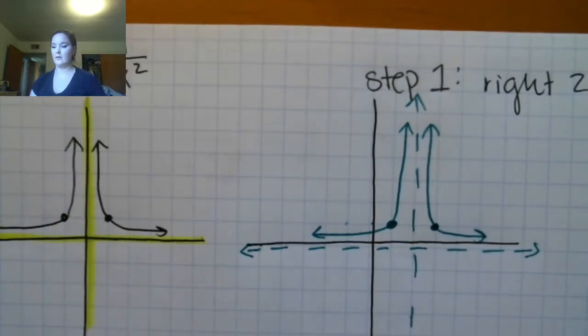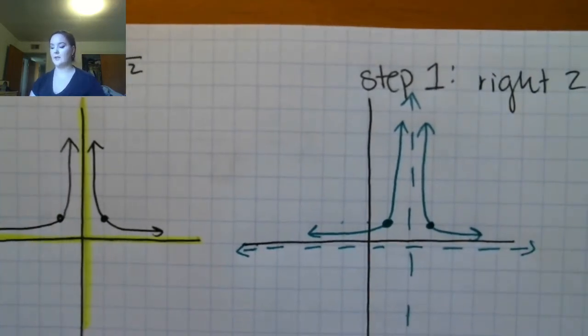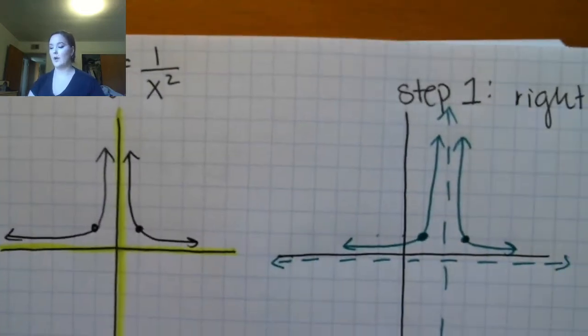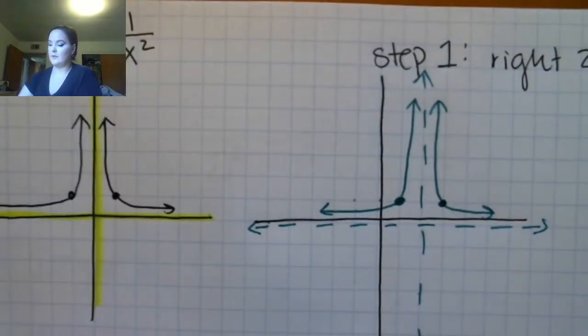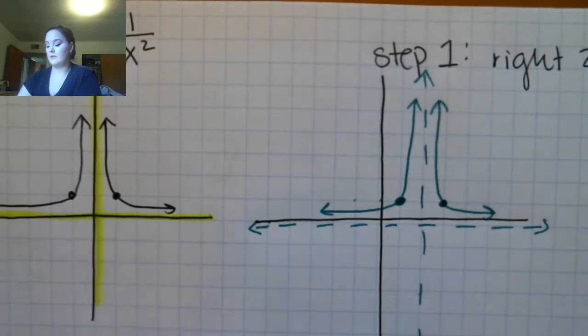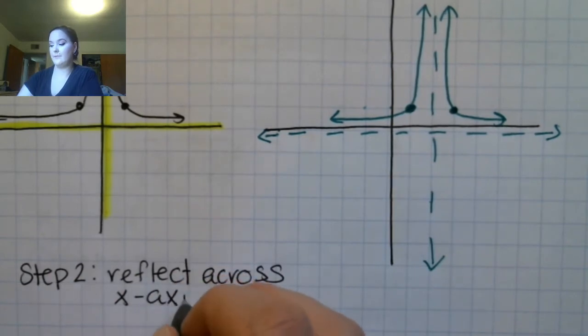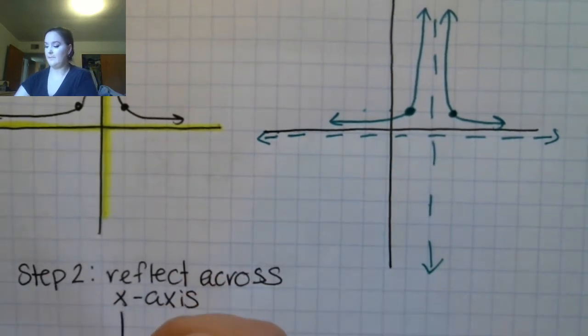All right, so now let's look at our second transformation, which was reflect the y coordinates. So we're going to reflect across the x-axis.